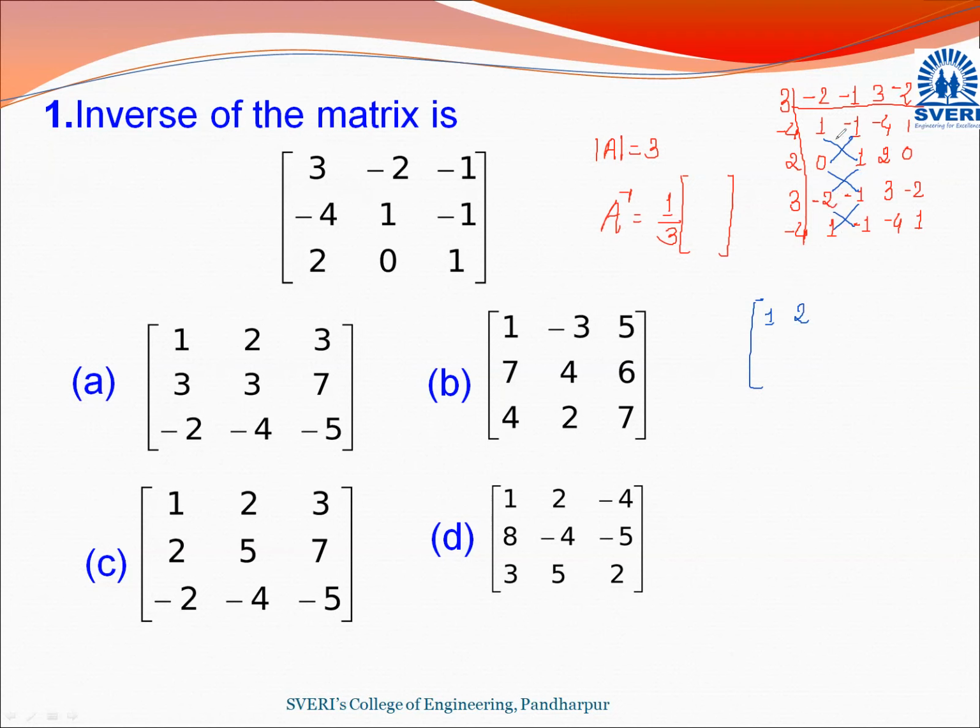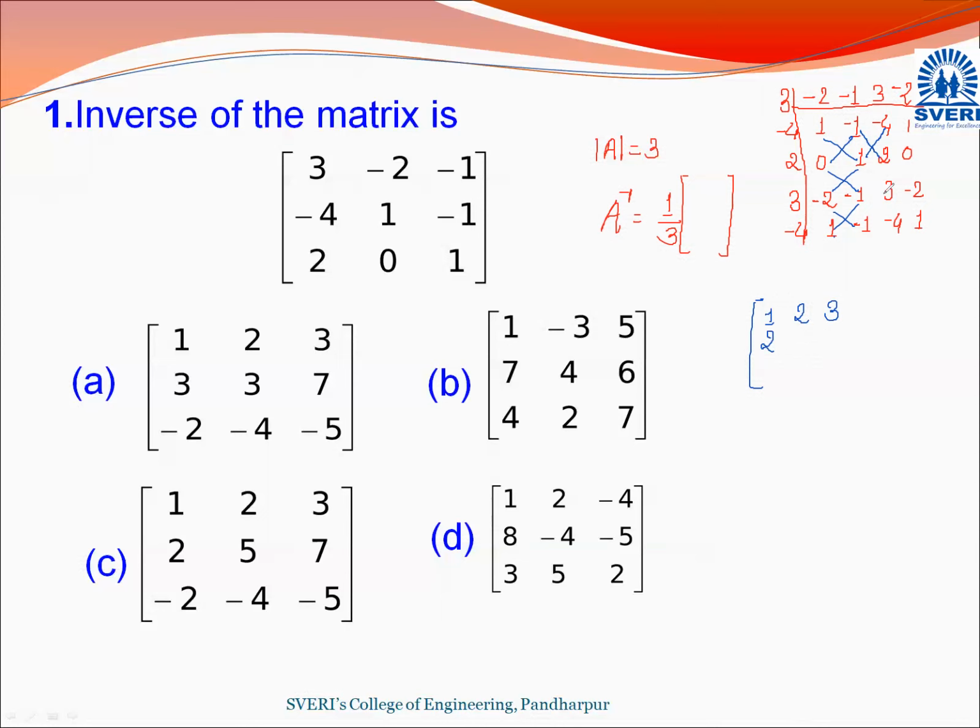Then next, minus 2 into minus 1, 2. 1 into minus 1, minus becomes plus, so it will be 3. Next, multiplying these two, minus 2 plus 4, it is 2.